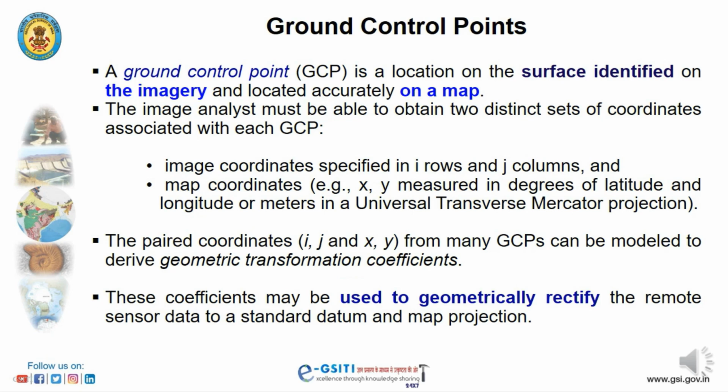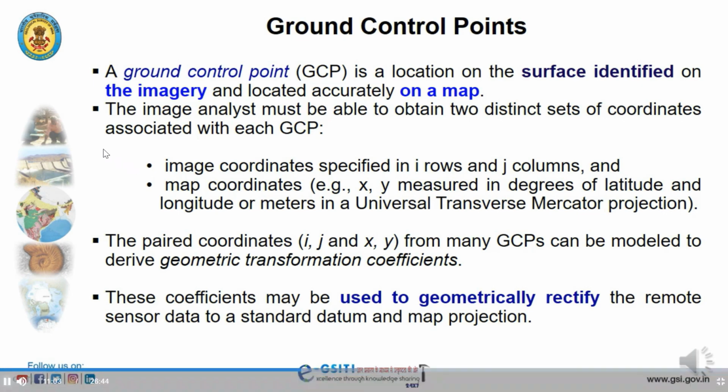Ground control points. What is a ground control point? A ground control point or GCP is a location on the surface identified on the imagery and located accurately on a map. As an image analyst, we must be able to obtain two distinct sets of coordinates associated with each GCP.